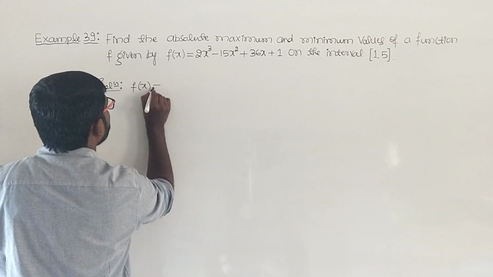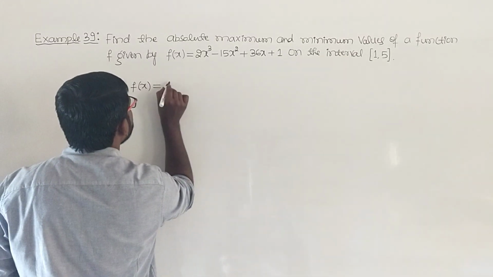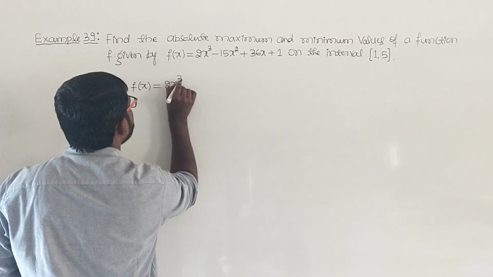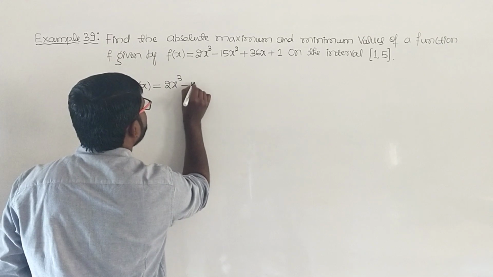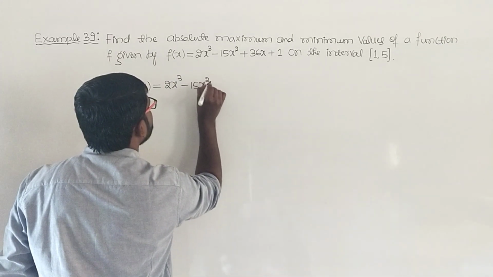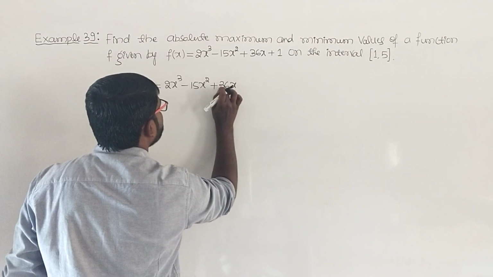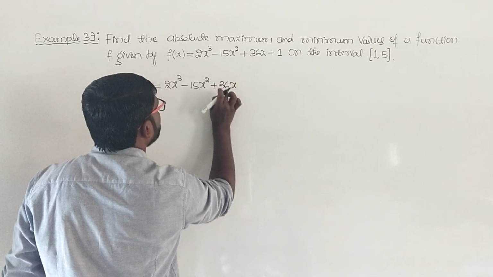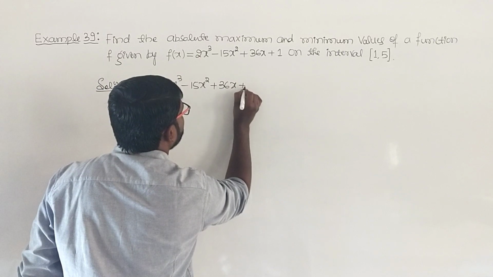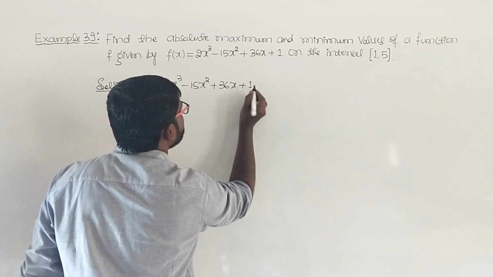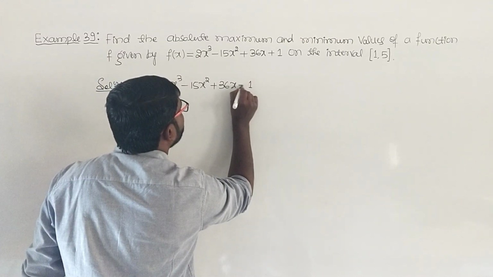I'll take f of x equals 2x cube minus 15x square plus 36x plus 1.